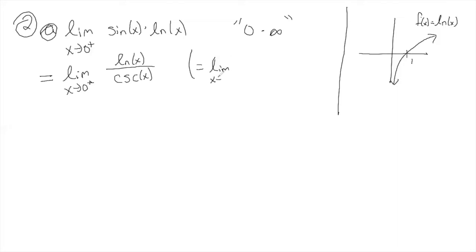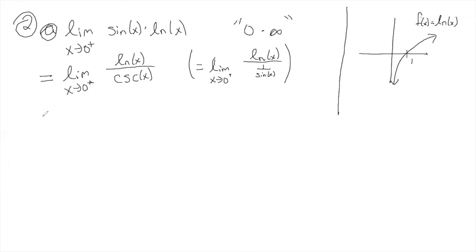Remember my limit, this is the same thing as turning it into 1 over sine on the bottom. 1 over sine is the same thing as cosecant. I'm just writing it in a condensed version here because it's a little bit easier to take a derivative written this way. But this is really what I'm doing, and this is the standard trick.